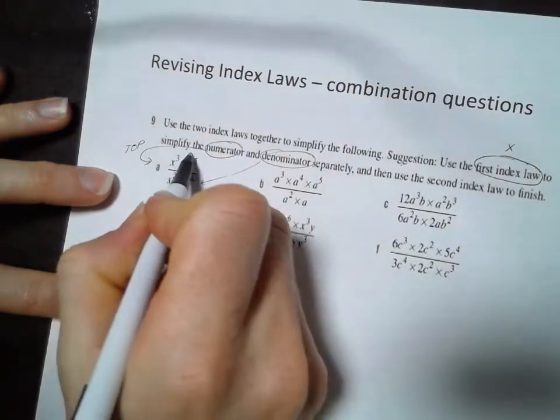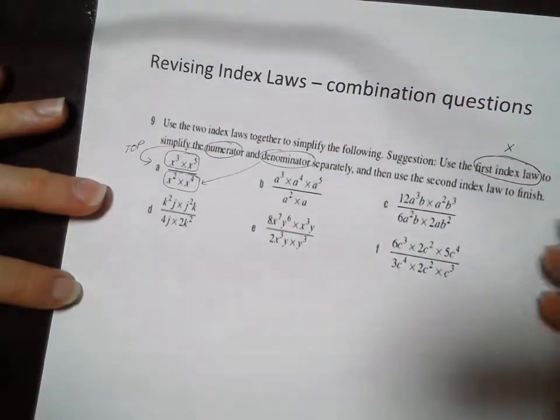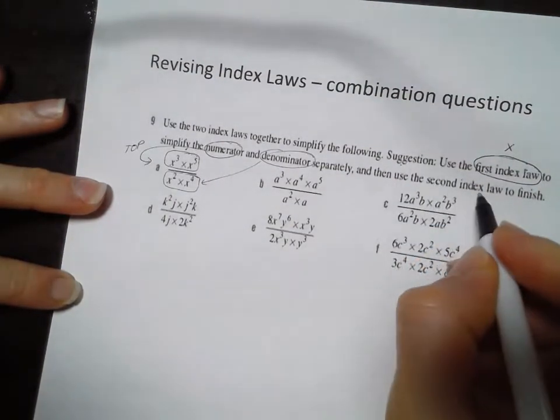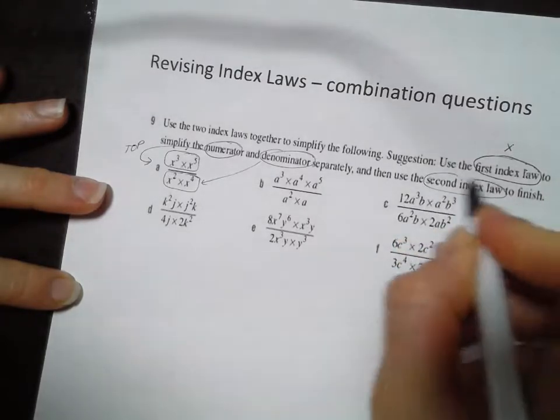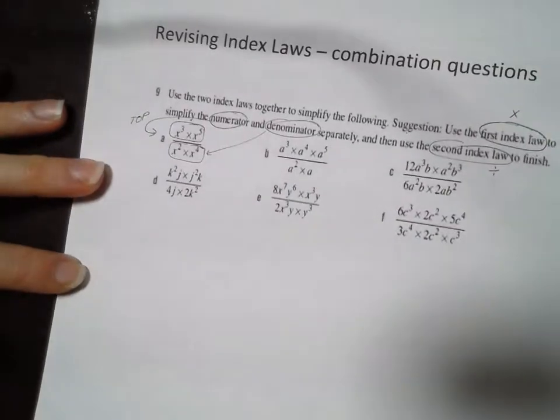So it's saying to work out the numerator and the denominator separately using index law 1, and then use the second index law, which is the law of division of powers, to finish the question.